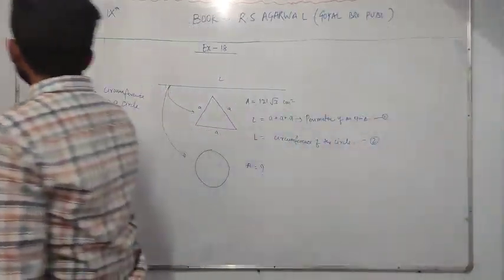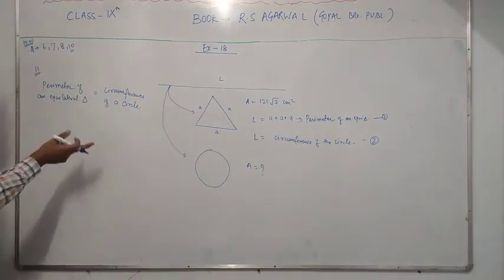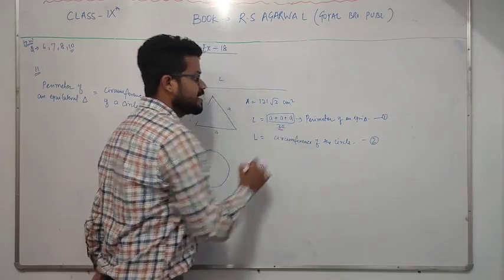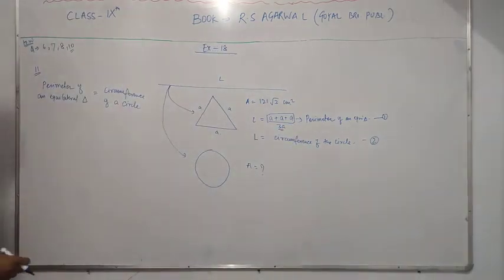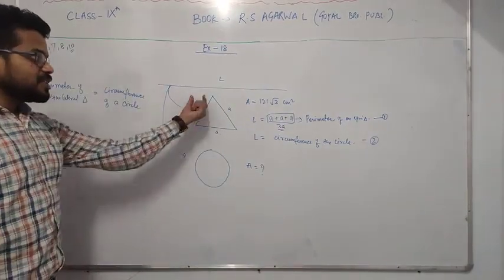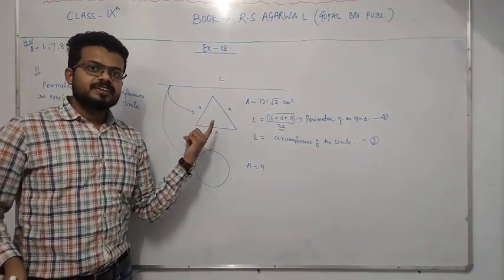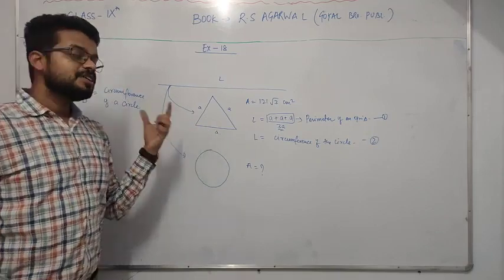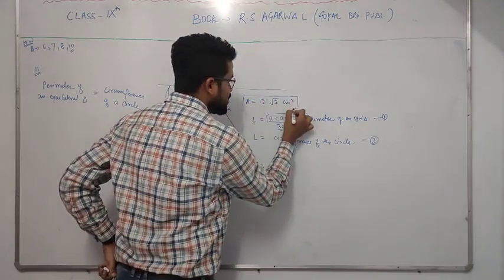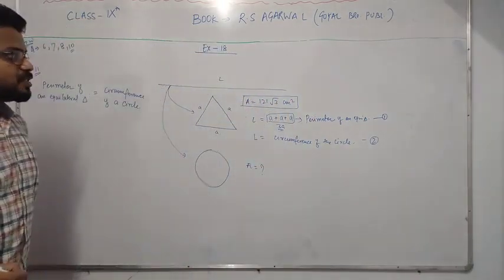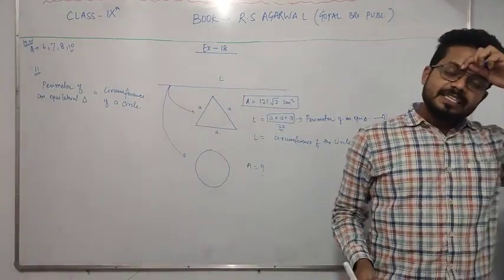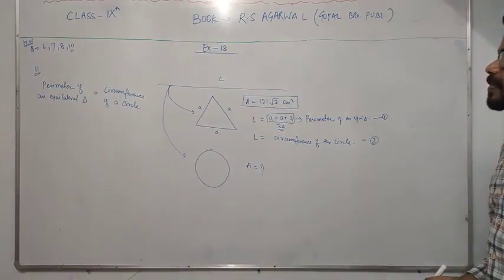So the perimeter of an equilateral triangle is how much? A plus A plus A, or 3A. Here A is the side of the equilateral triangle. Is the side given in the question? No. In the question, area is given. So by using this area, can I find the side of the equilateral triangle?